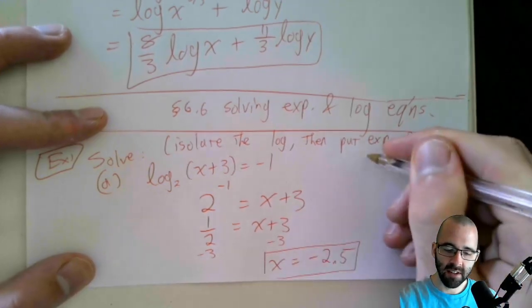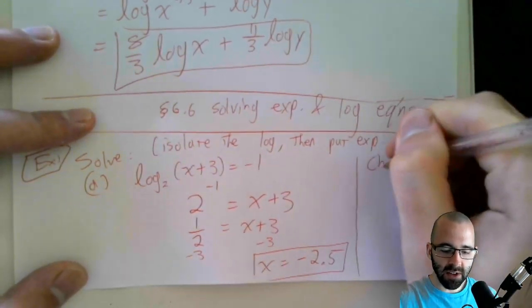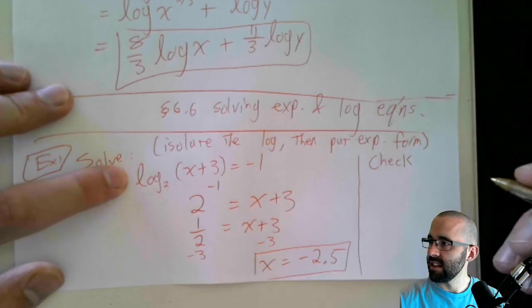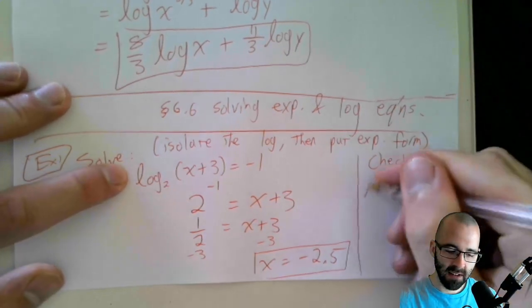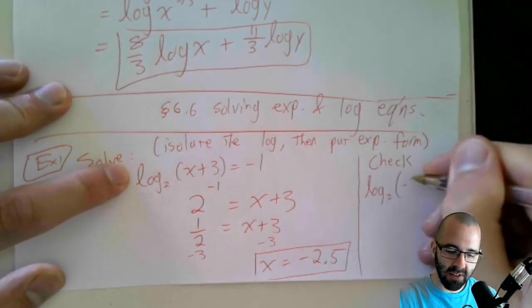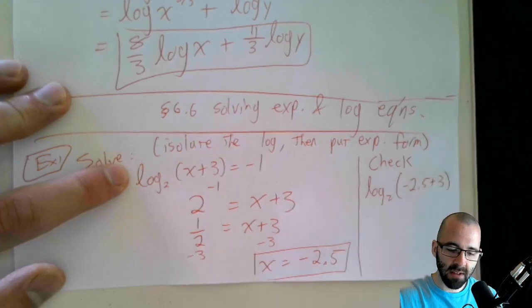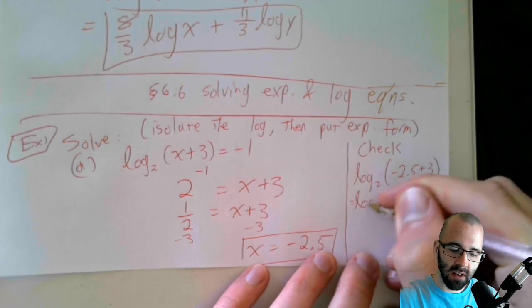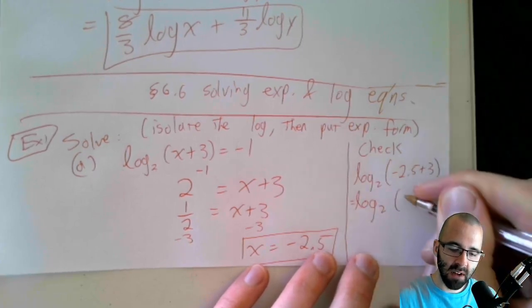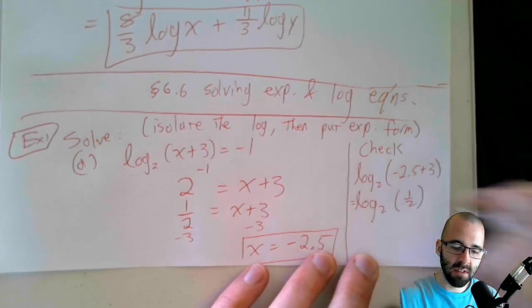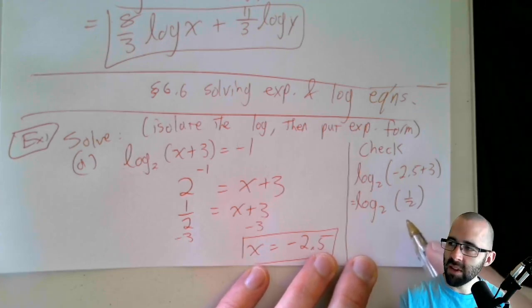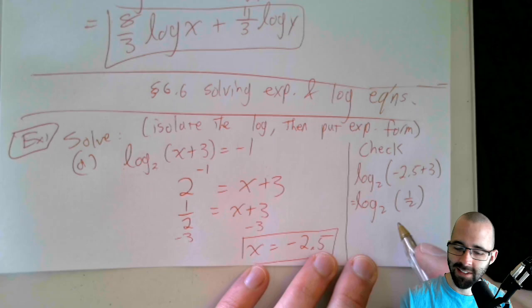Let's check our answer. Right, you can always check your answer if you're solving an equation. If I plug this in, does it work? What is the log base 2 of negative 2.5 plus 3? Well, that's the log base 2 of just 1/2. And let's say hypothetically you forgot how to do this.